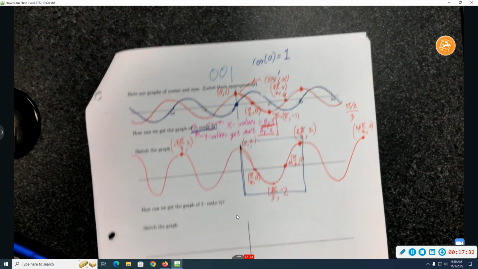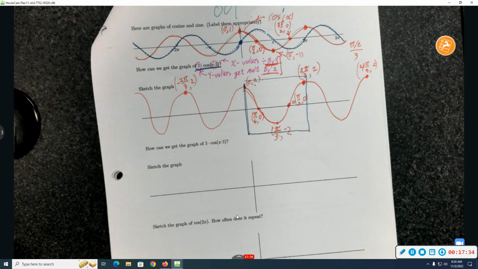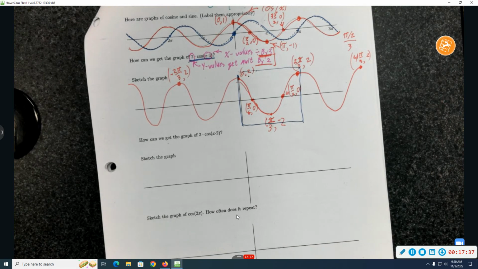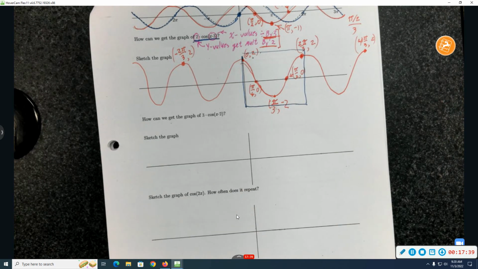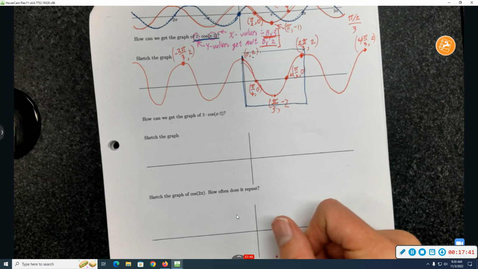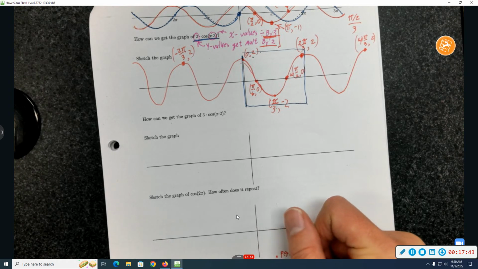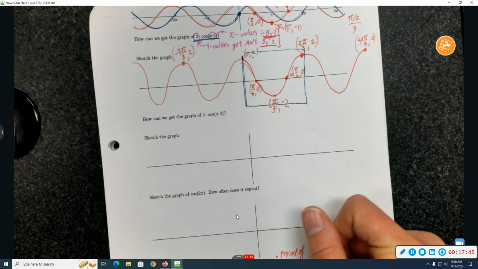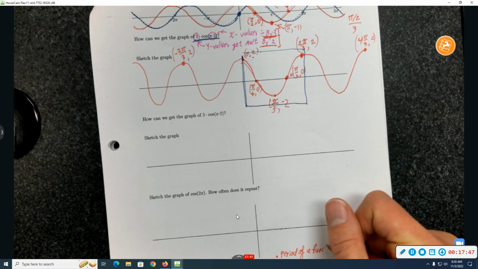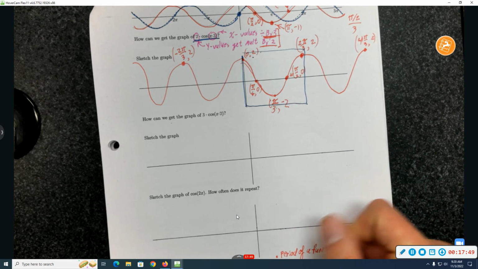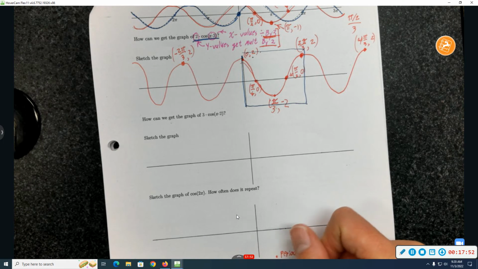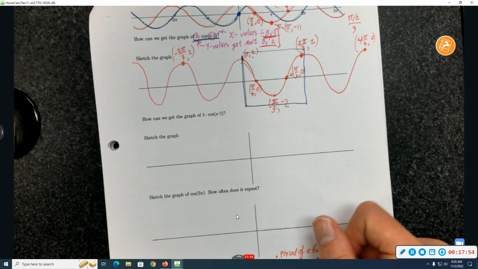So let's try to read off some things from this. I'm going to jump down to the bottom-ish of the page. So the period of a function is how long until it repeats.